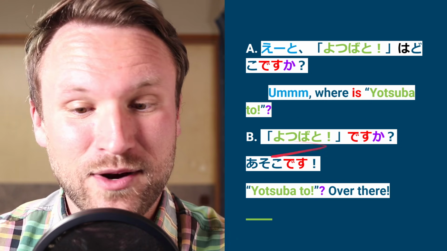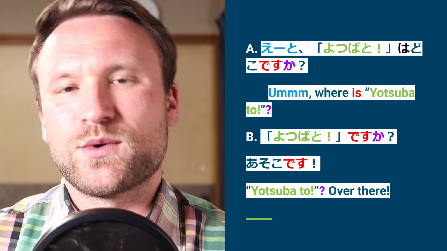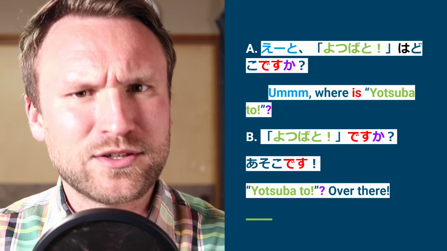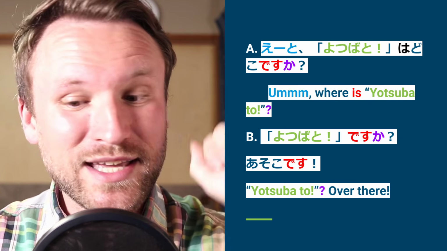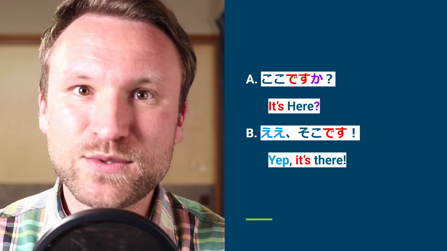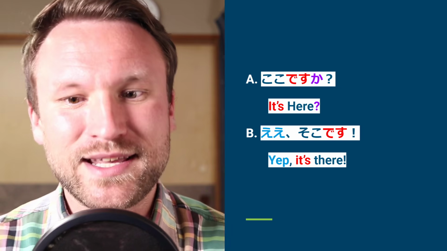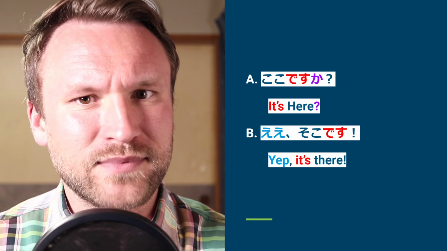Yotsubato desu ka? We're on to the B sentence. Yotsubato is just question mark, right? Is that what you're talking about? Yotsubato? Asoko desu? It's over there. So maybe the person who's asking these questions walks over to where the clerk is pointing to, and now they're next to that point, and they say, Koko desu ka? It's here.